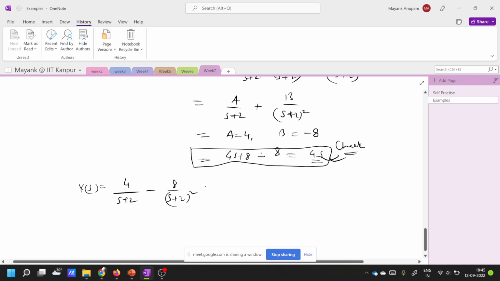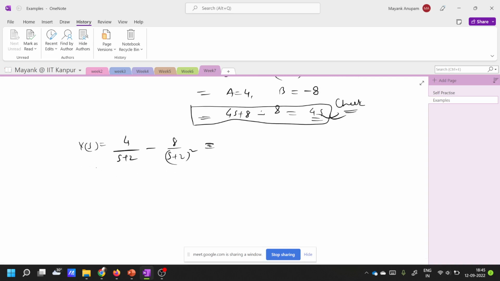Correct. So what is the Laplace inverse of this Y of s? 4 into e to the power minus 2t u of t, very good, minus 8 t e to the power minus 2t.